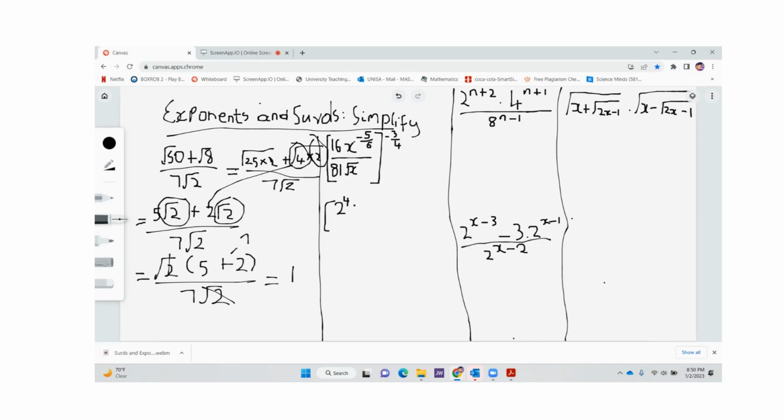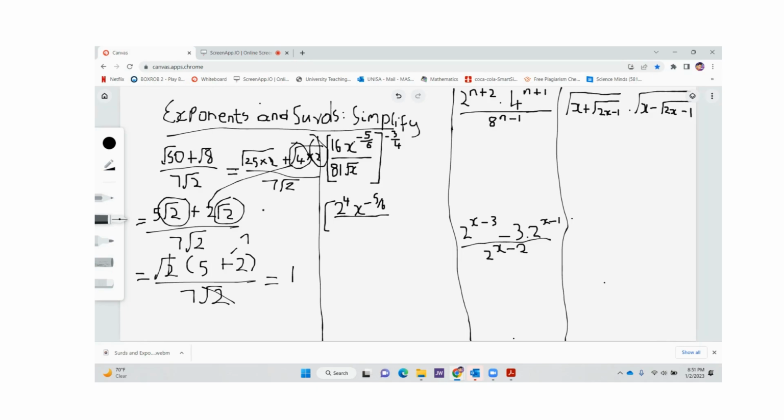So instead of using 4 squared, we are going to use 2 to the power of 4, which is 16. Then we have x to the power of minus 5 over 6, over, and then 81 in an exponential form will be 3 to the power of 4.